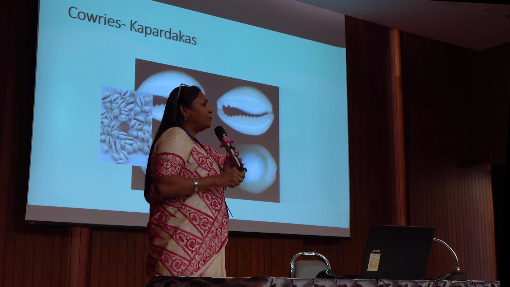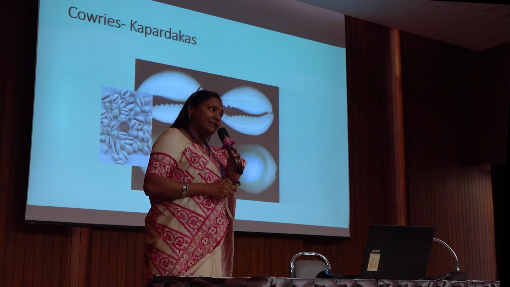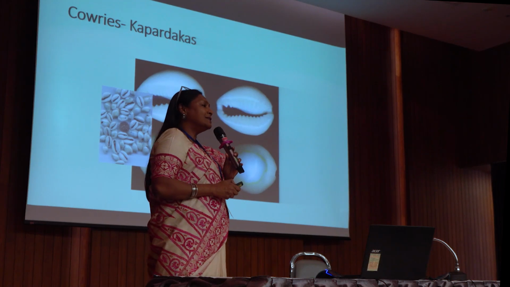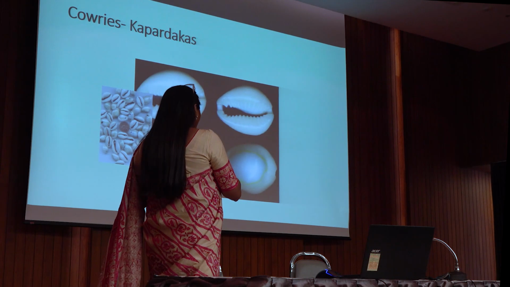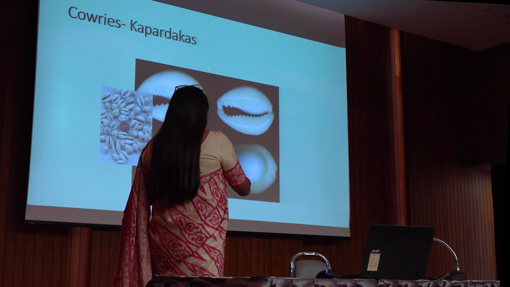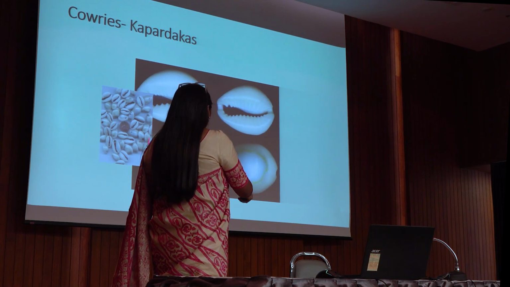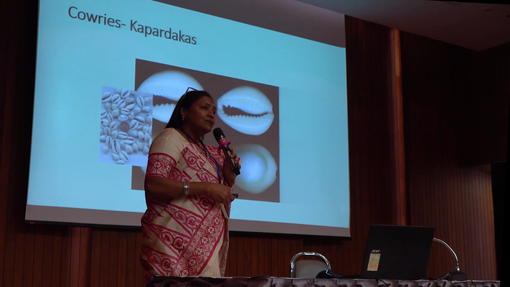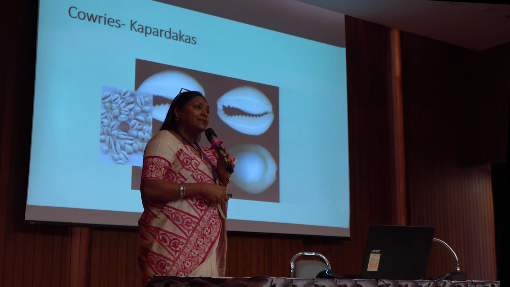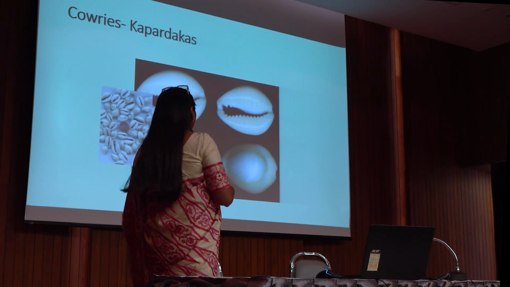These are called Cipra moneta or moneta moneta, and the other is called Cipra annulus. The one you see over here with the golden ring is the Cipra annulus, and the ones you see here are Cipra moneta. These are the 2 types of cowrie shells which were considered as money.